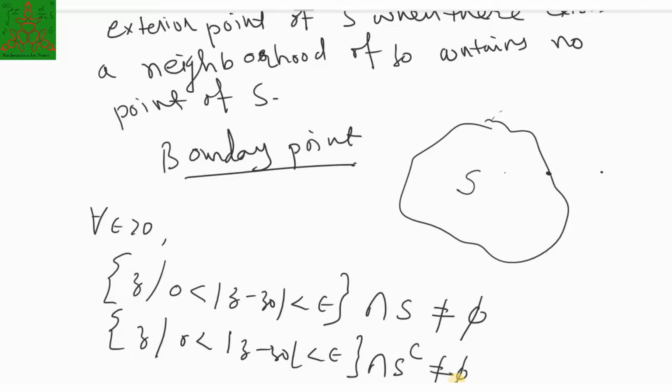That means if you draw a neighborhood of this point, it should have something in common with both the set S and its complement. Then that point is called a boundary point of the given set S.